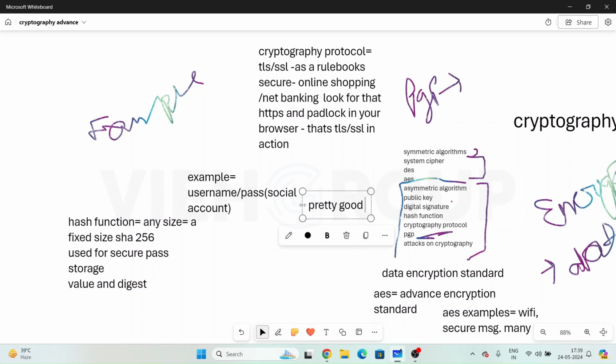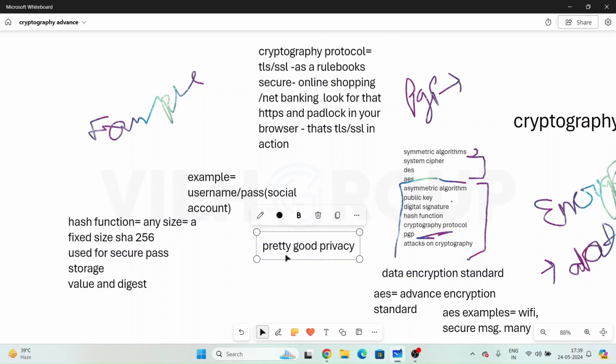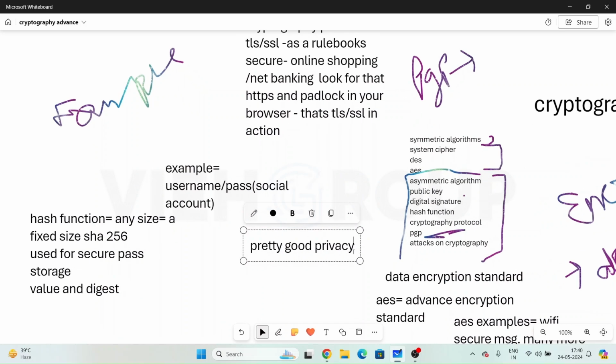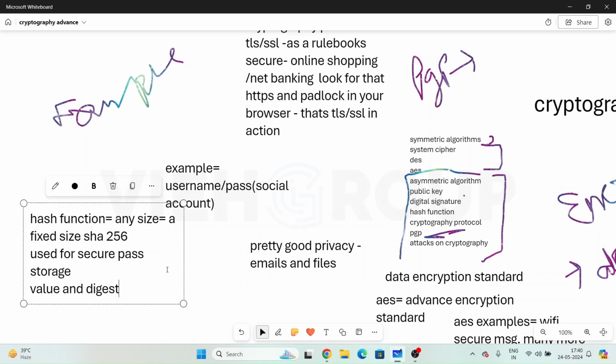It is used for encrypting emails and files. This one is too easy, na? I know that.